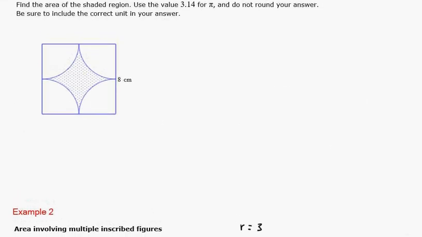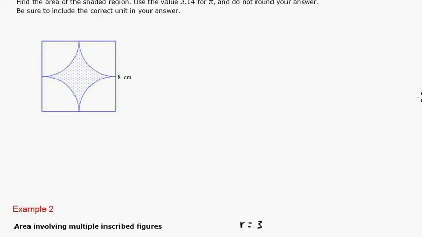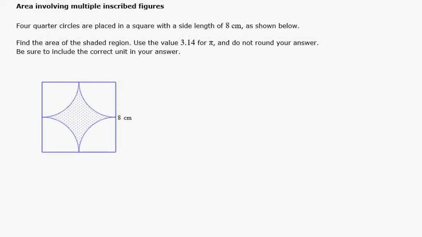Now let's look at this one. This one is at first a little intimidating, but then what I see is 4 circles in a square. They're telling us this is a square.